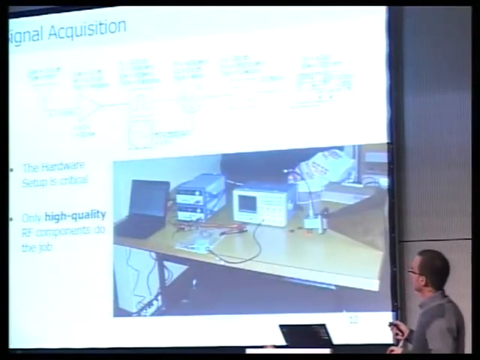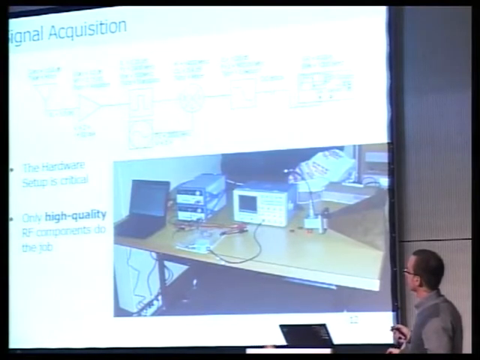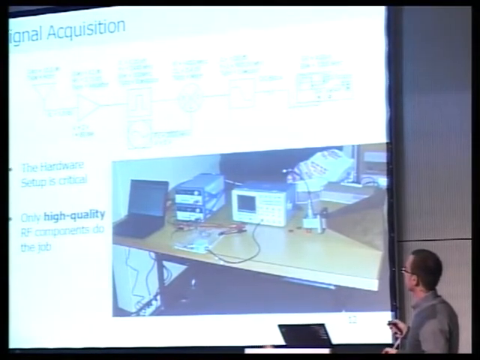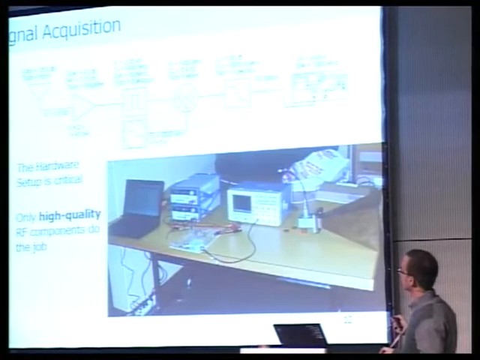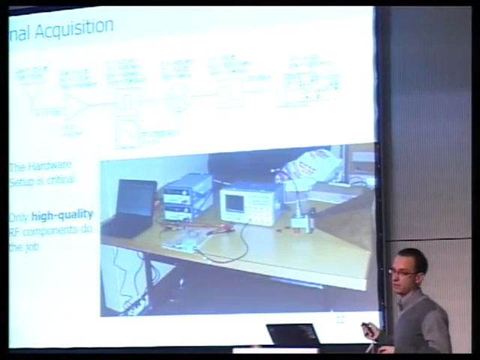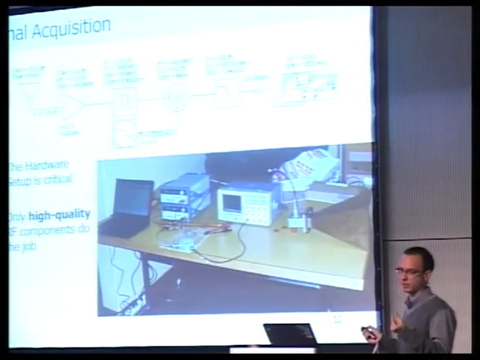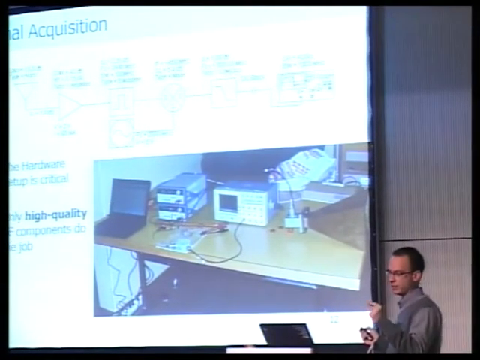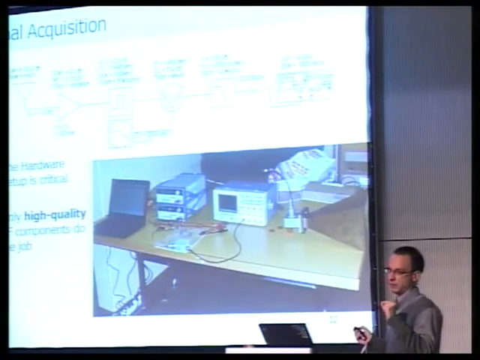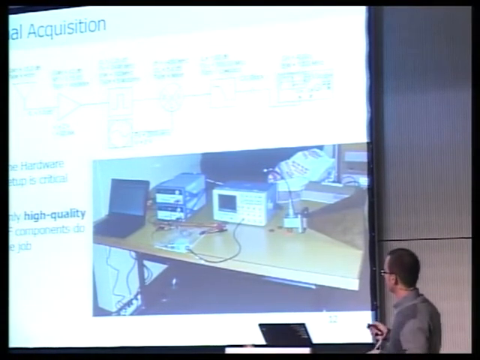And then we pass through some bandpass filters, a special mixer, and we recorded the signals on a high frequency oscilloscope, with a really high sampling rate, so that we're able to see even the small imperfections in the signal. And this is the setup here.